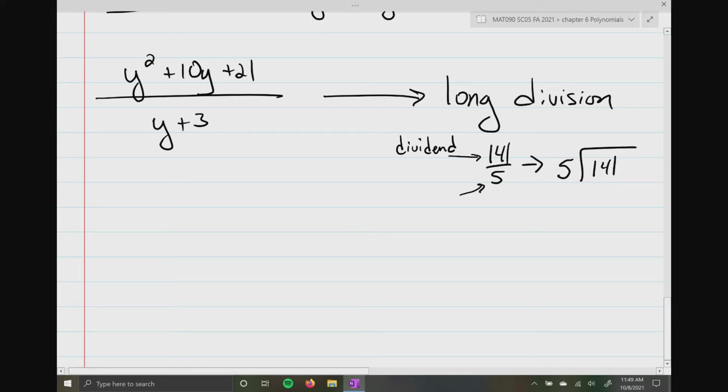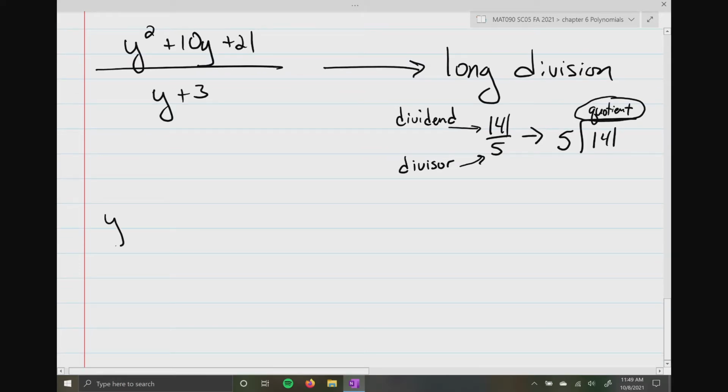The 5 is called the denominator, or the divisor. And the number that you get up top is called the quotient. So we're going to set up our problem with the divisor outside and our dividend inside.